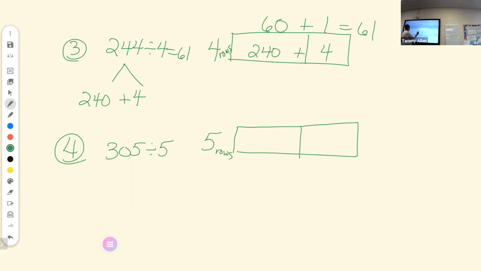So 5 divided by 5 is 1, so you did 5 over here, but what did you do here? 300. All right, so you did 300 plus 5, which is 305. Okay, good. So you did that split of 300 plus 5.